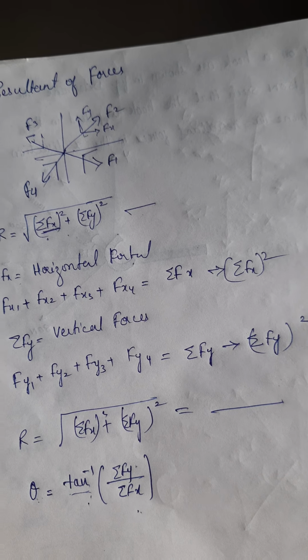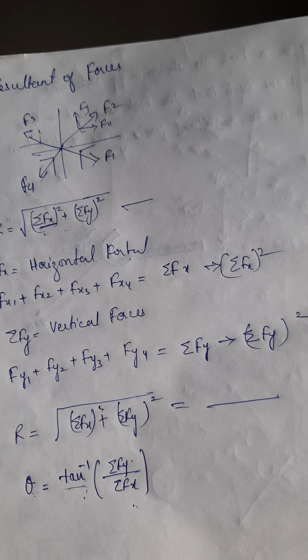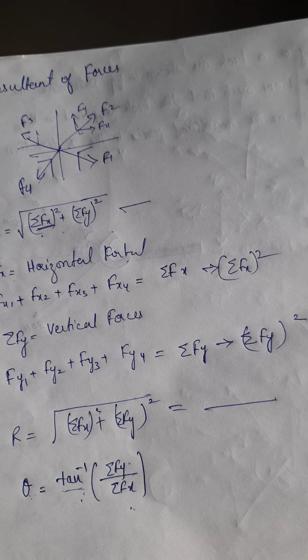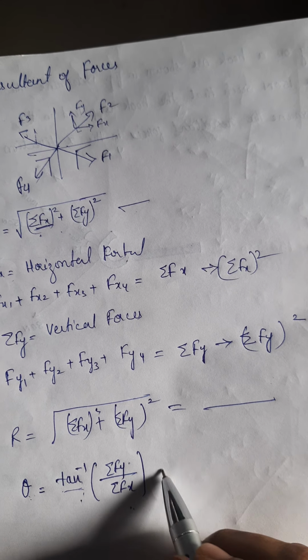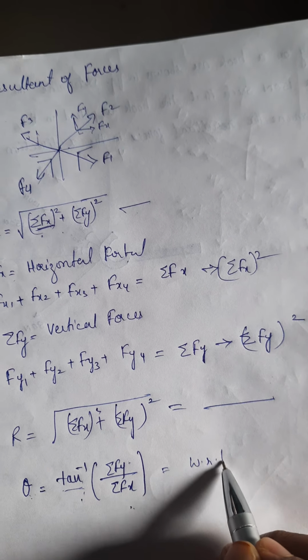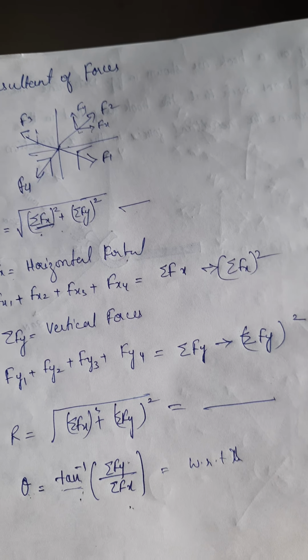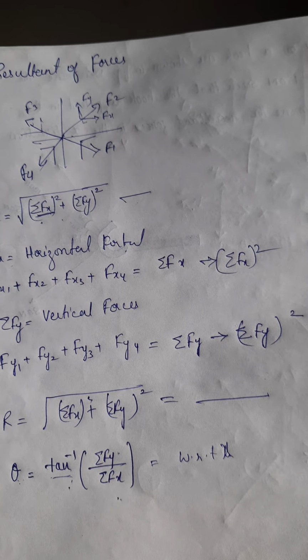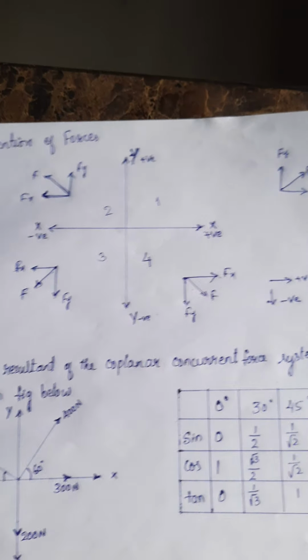It means first you are considering the vertical axis, then the horizontal axis, and dividing. So it gives an idea that the angle of the resultant is with respect to the x-axis.